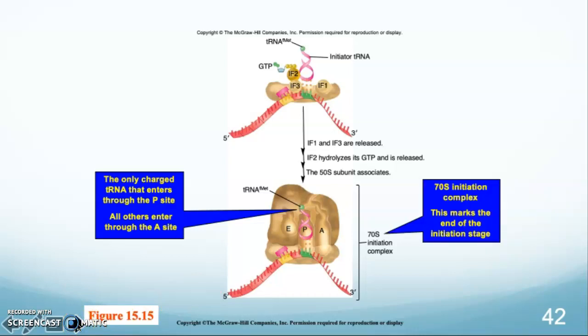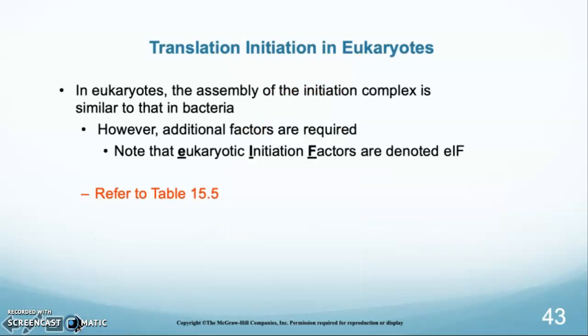And once that 70S initiation complex comes together, so the larger subunit of the ribosome comes in to bind with the smaller subunit, this ends the initiation stage of translation. Translation is slightly different with the eukaryotes. The assembly will be similar to that, but there will be way more factors that are required for this.